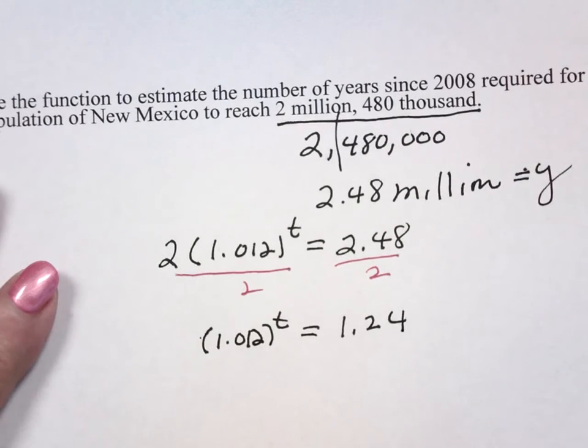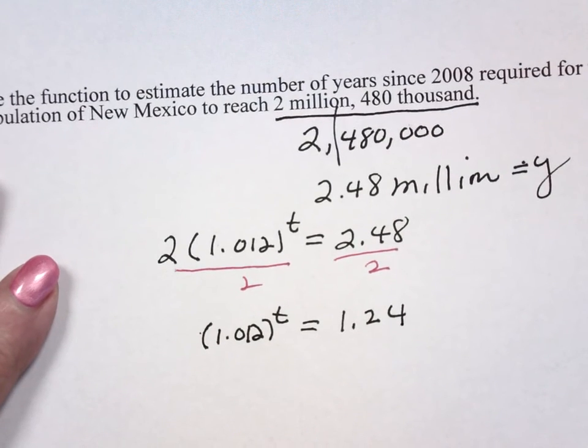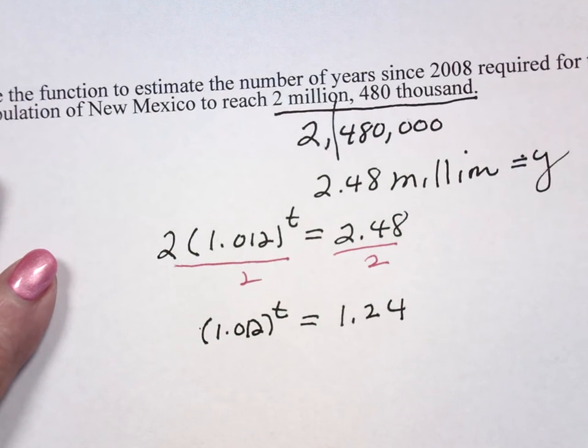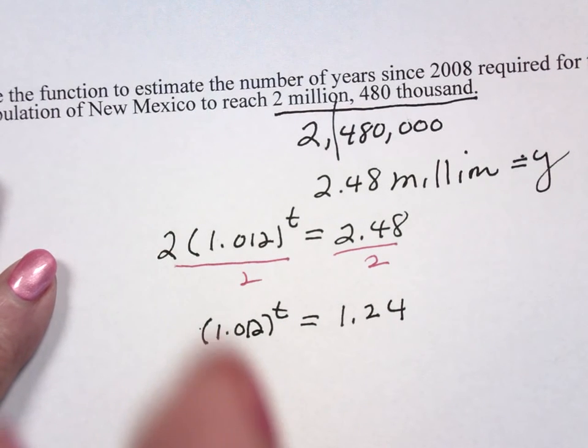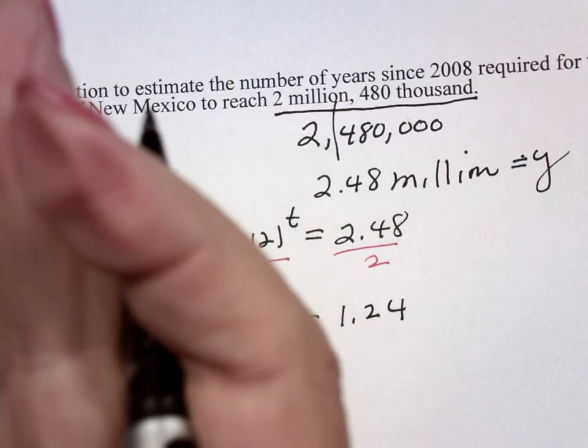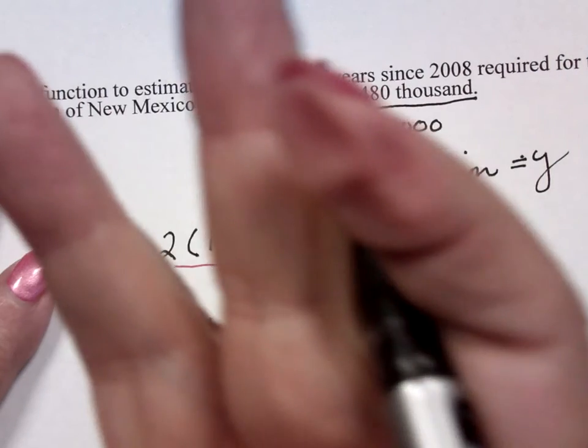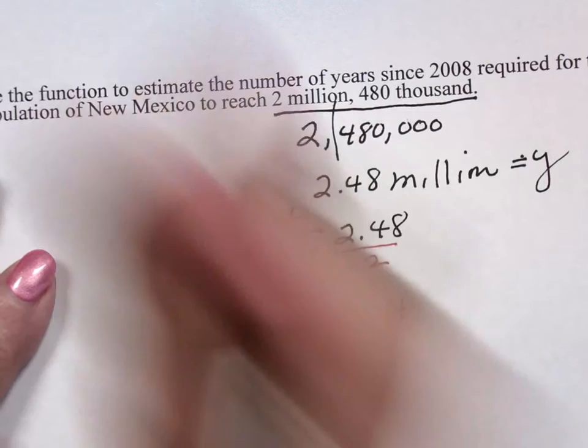And now to get my hands on t, what am I going to need to do? I can use natural log, or I could use common log, either one. It's not e, so I could use common log, but I could use natural log.